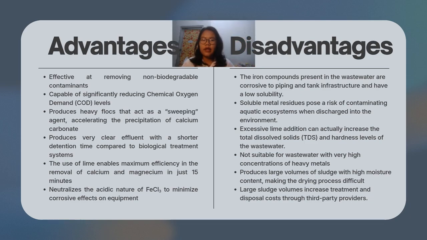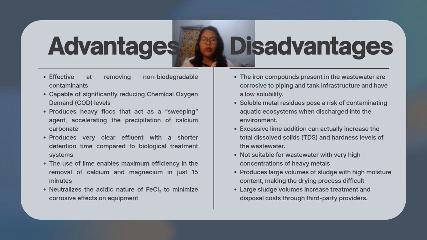Next are the disadvantages. This chemical process has several disadvantages. First, the iron compounds present in the wastewater are corrosive to piping and tank infrastructure and have a low solubility. Soluble metal residues pose a risk of contaminating aquatic ecosystems when discharged into the environment. Excessive lime addition during the precipitation can actually increase the total dissolved solids and hardness level of the wastewater, which is not good for the environment as well.